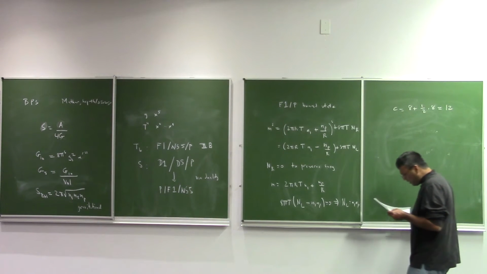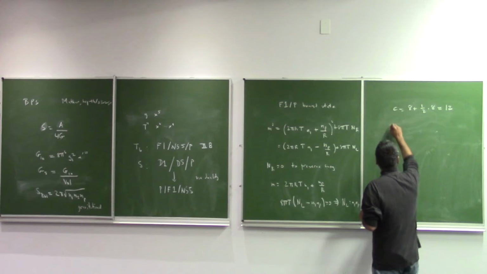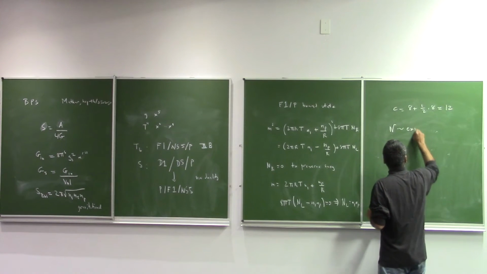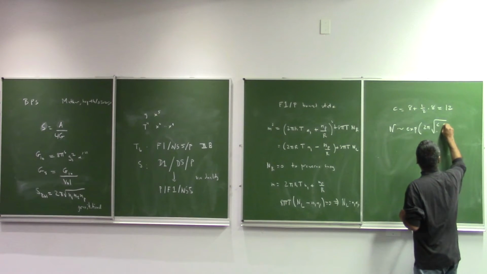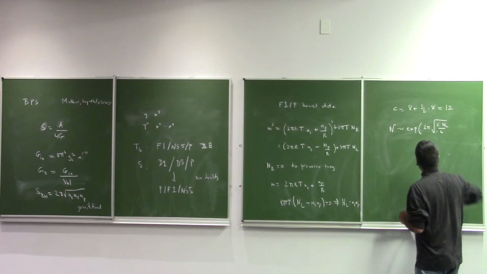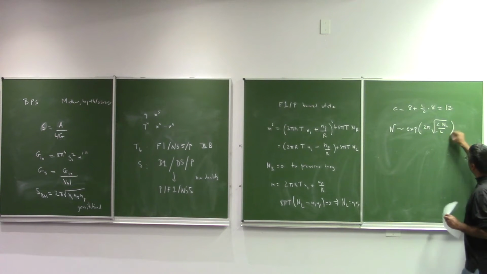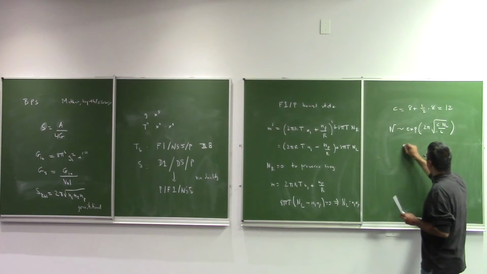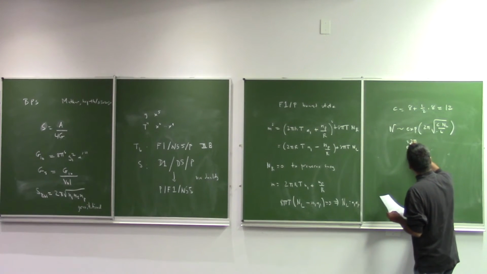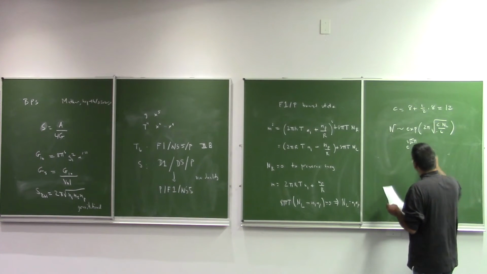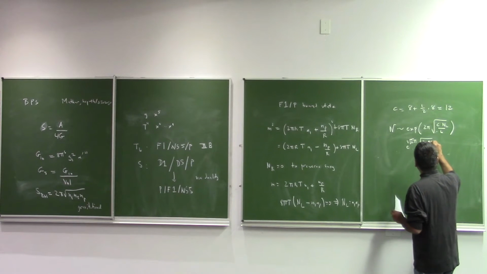So Hardy's formula tells us the number of states is the exponential of 2 pi square root c nl over 6. And this works out to be e to the 2 square root 2 pi square root n1 n5.